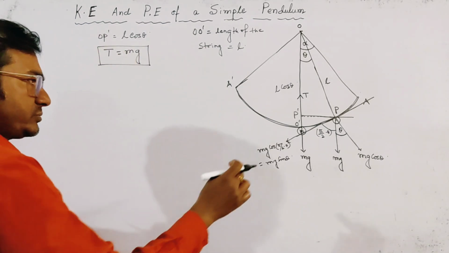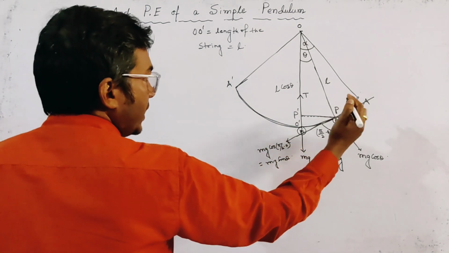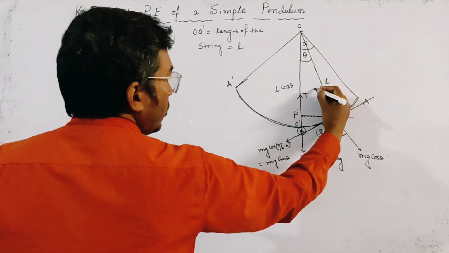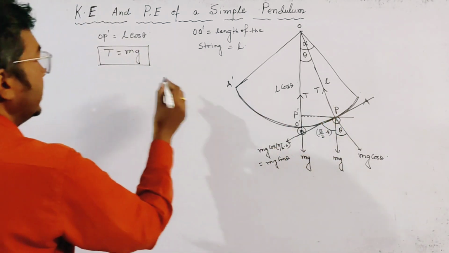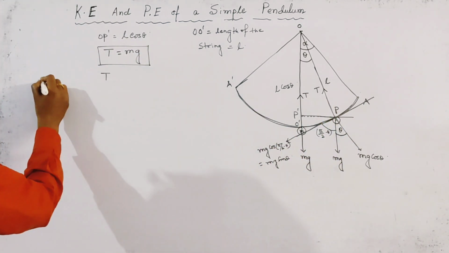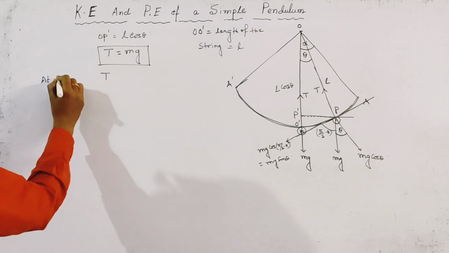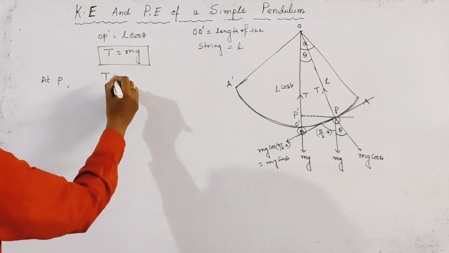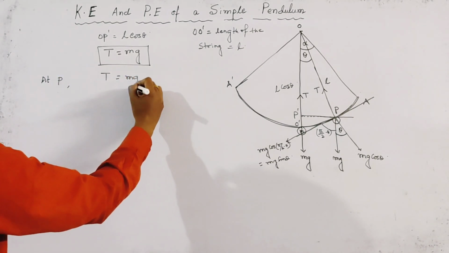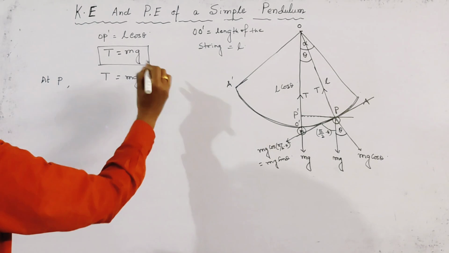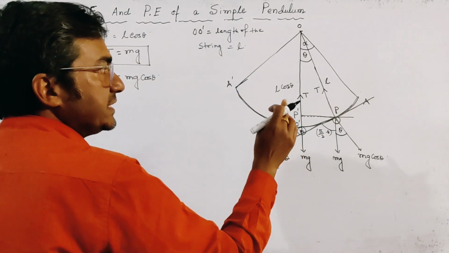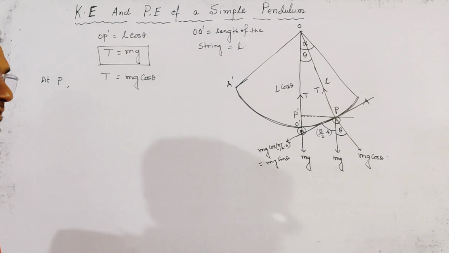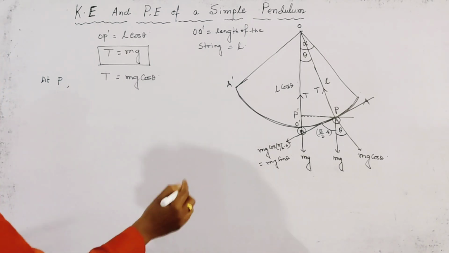Tension always acts along the string, and at P, T is equal to mg cos theta.